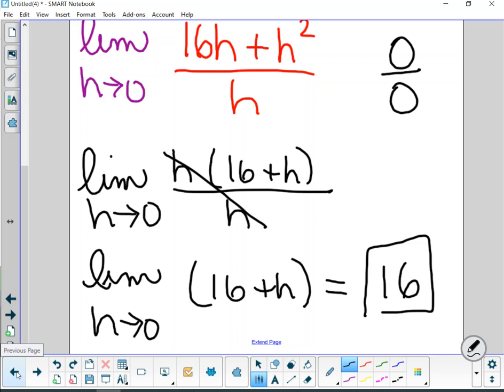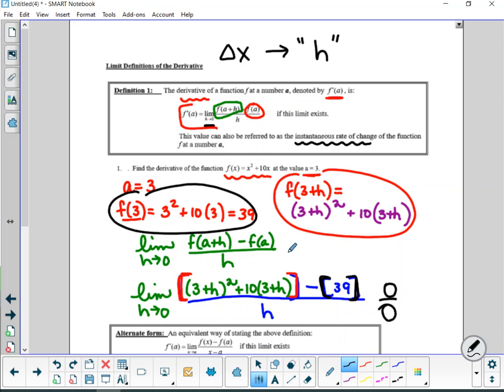There are lots of function combinations that when you apply the limit definition of the derivative to them, you've got to know some pretty sophisticated tricks to get the limit to work. The good news is we're not going to do that many limit problems like this.